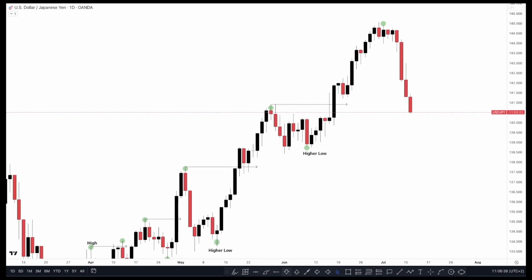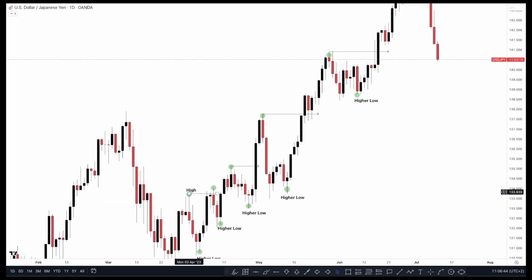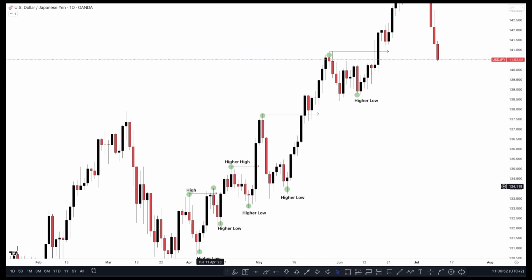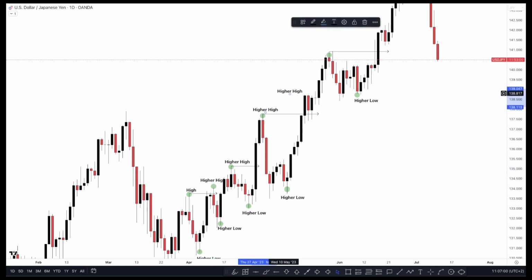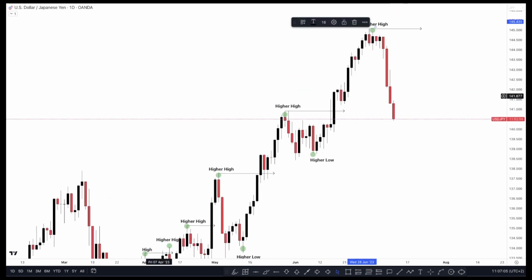And the last one up there is our current or recent higher high. From there, we are going to be moving into marking our higher highs. And this is where we are.